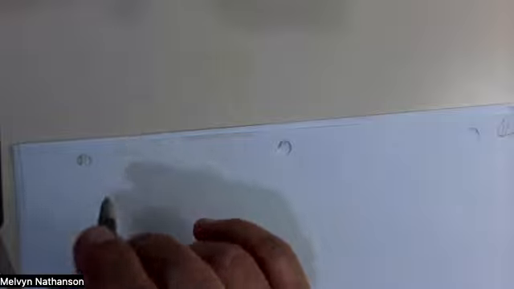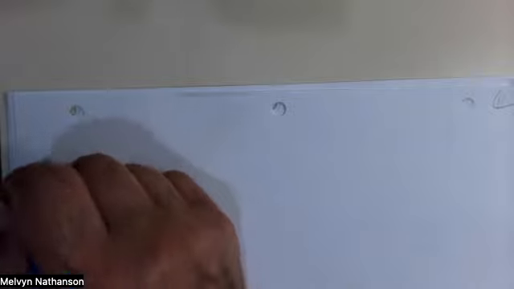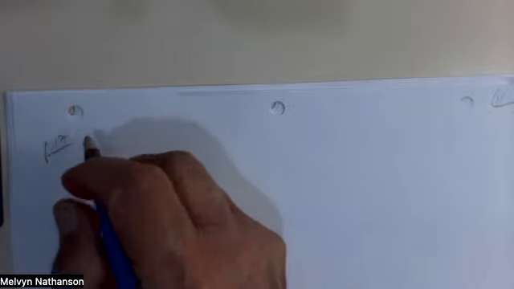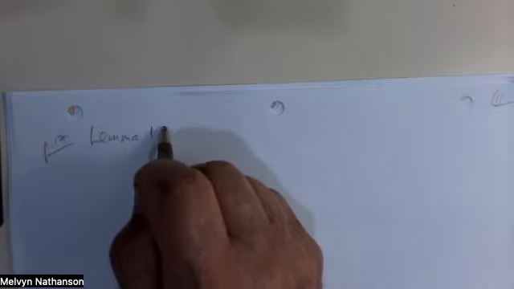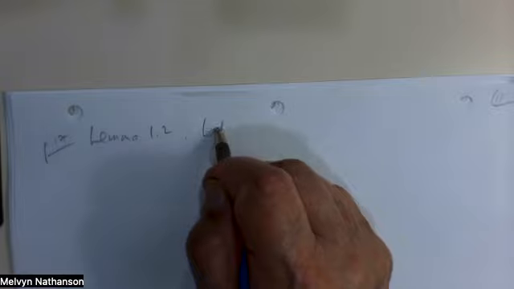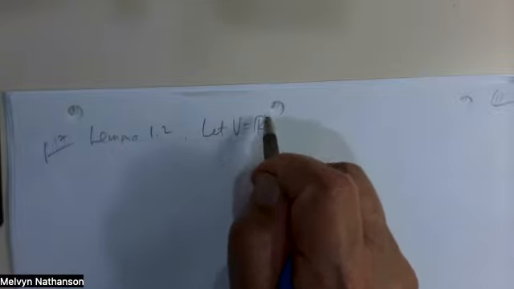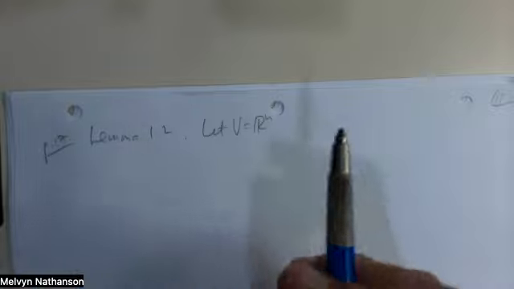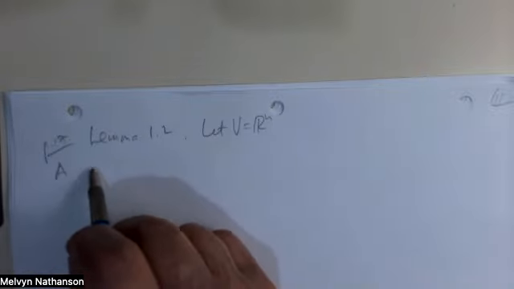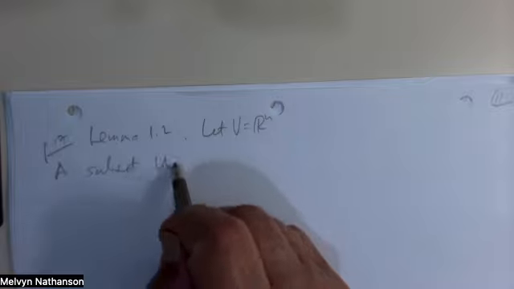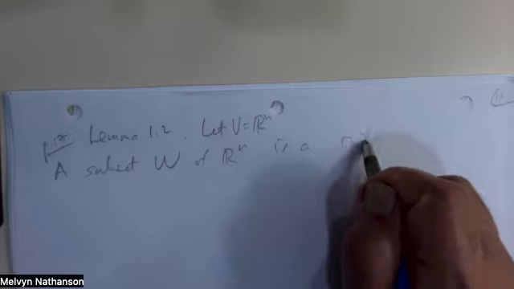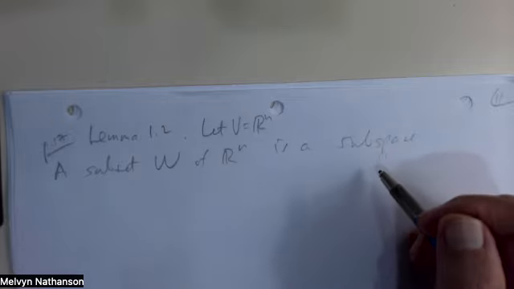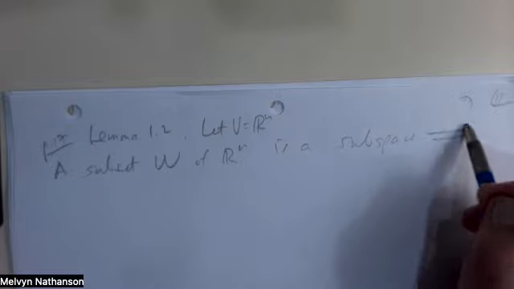And linear combinations are important everywhere in linear algebra. And on page 17 in the text, there's Lemma 1.2. We have the vector space Rn and a subset W of Rn is a subspace if and only if.